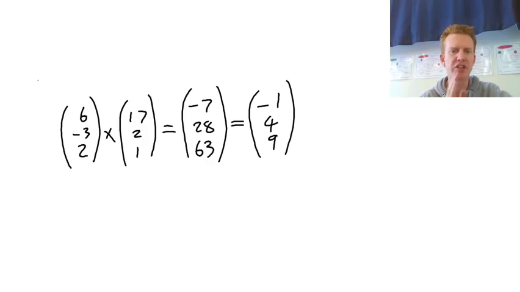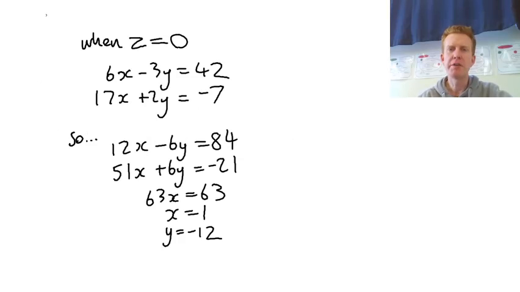Although I just want the direction of that line. I'm not bothered about the size of the vector, so I've simplified by dividing by 7. So here's the direction of the line. It only remains now to find a particular point on that line, and the easiest way to do that is to set z to be 0, or set anything to be 0, but I set z to be 0. So you set the z coordinate to be 0 and work out what's happening in the xy direction.